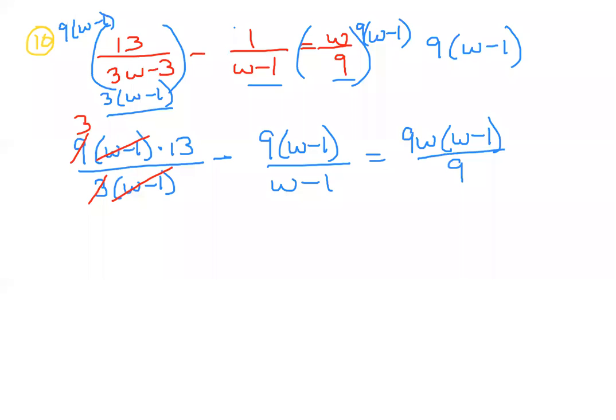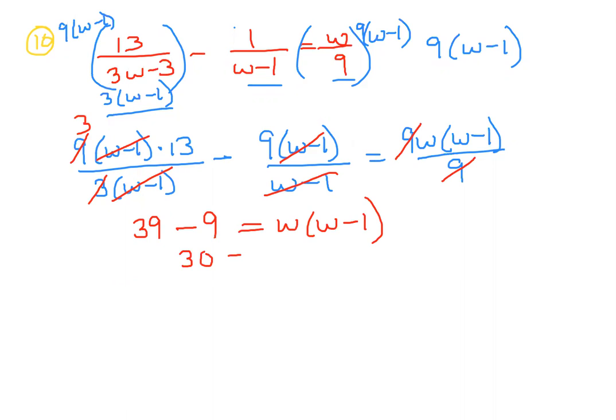Okay, those cancel. 3 goes into there 3 times. So this is 3 times 13, which is 39, minus 9 equals w times w minus 1. And now we just go ahead and solve this. 39 minus 9 is 30 equals w squared minus w. We want it all set equal to 0. I'm going to bring the 30 over here because I like my w squareds to be positive.